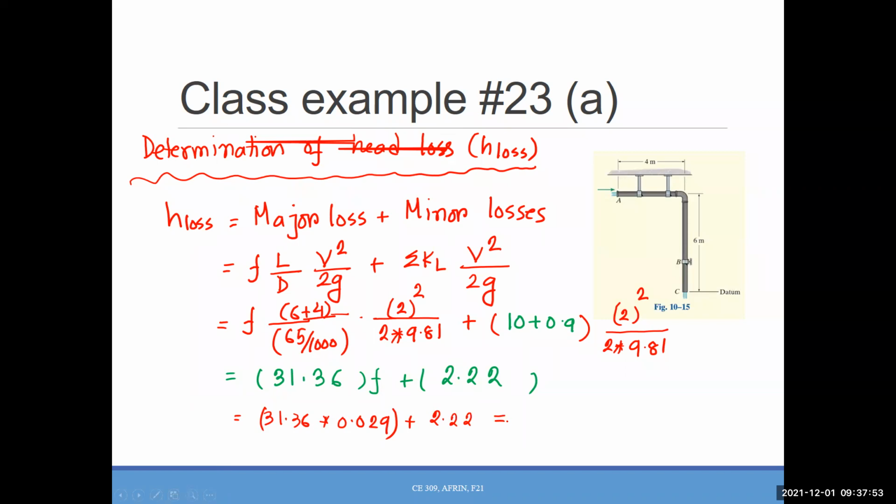So what is the total head loss here? 2.13? 3.13? Okay. 3.13 meter, right? Okay. One interesting thing here. Can you give me this number? What is that number?